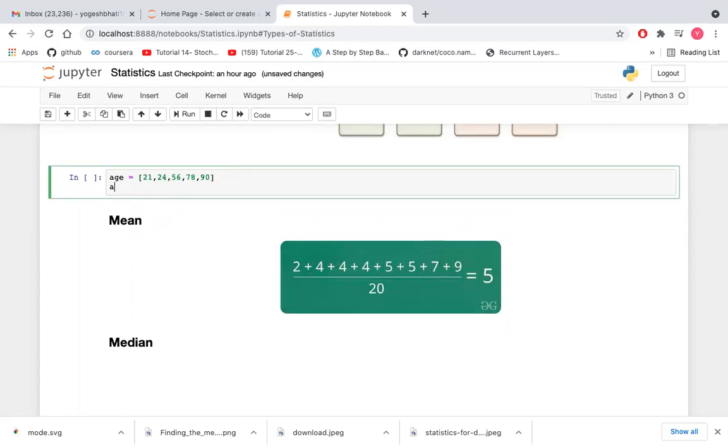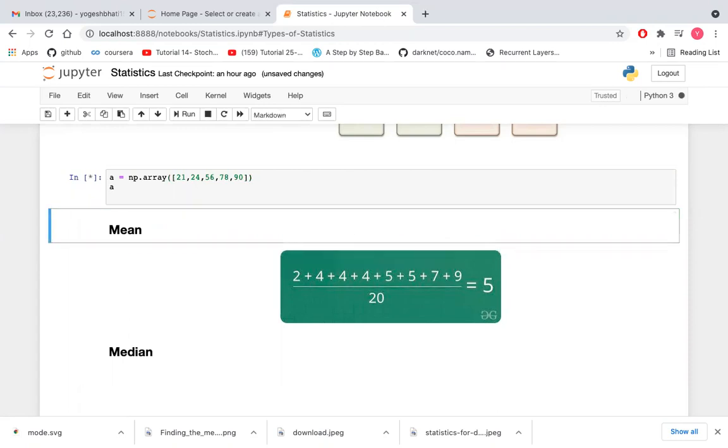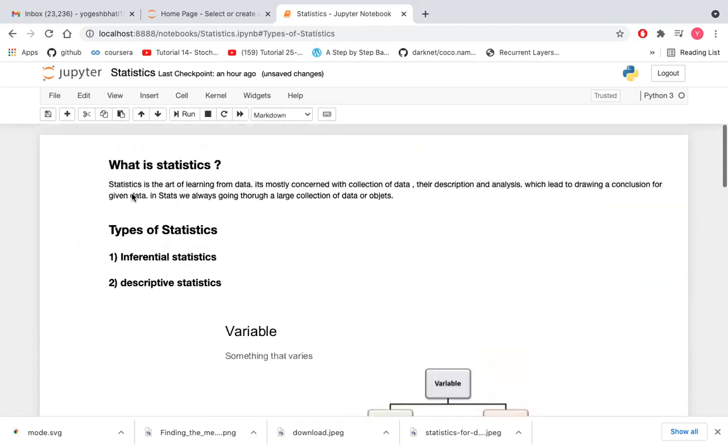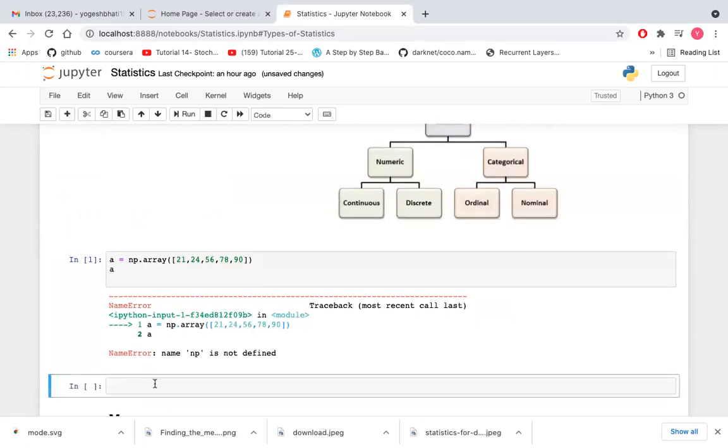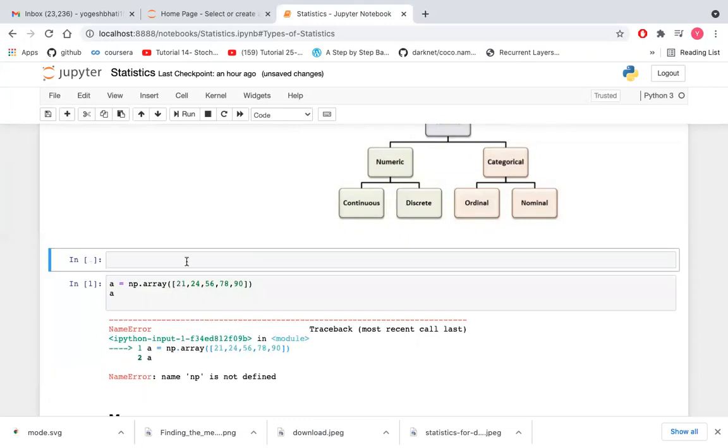First of all, we have to create an array, a equals np.array. First I have to import numpy as np.